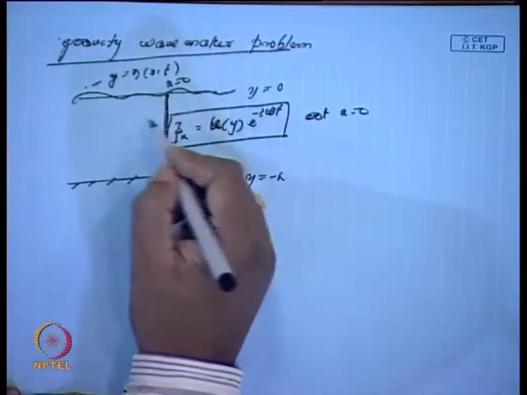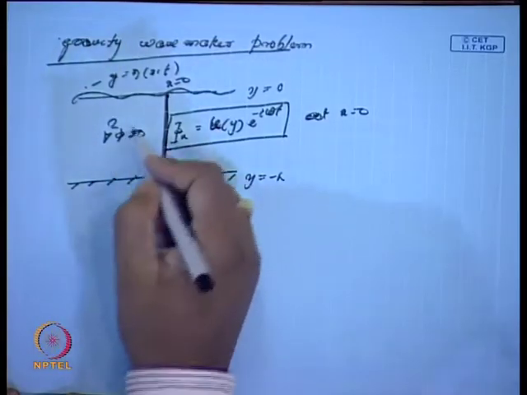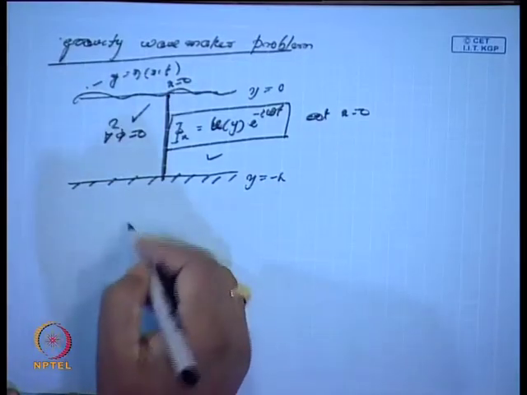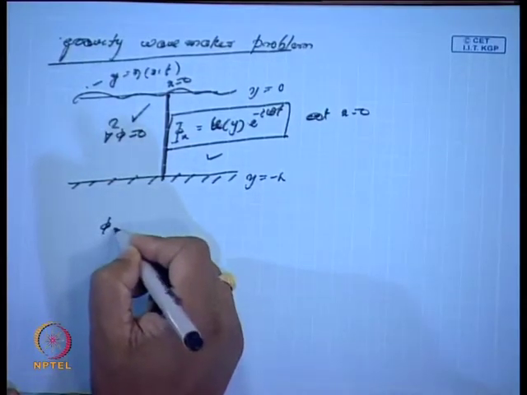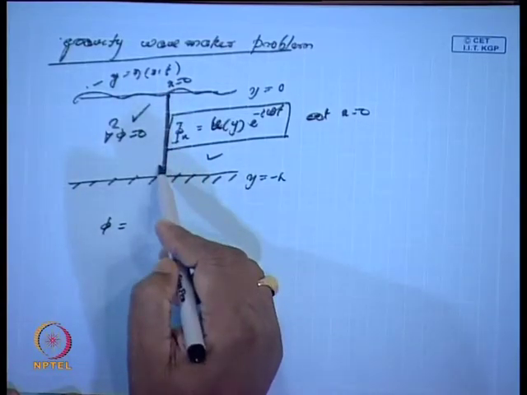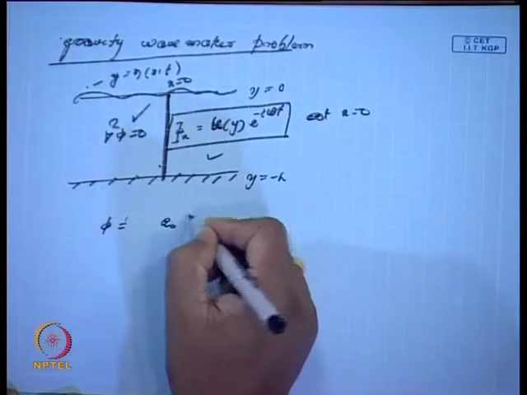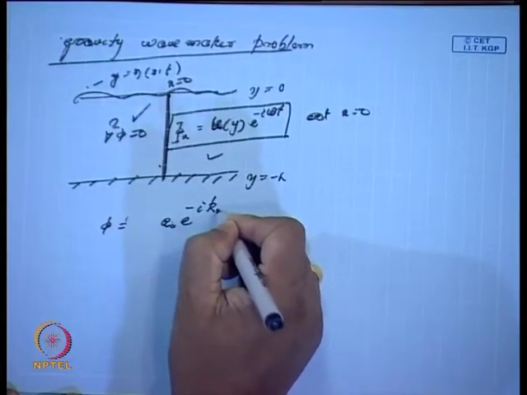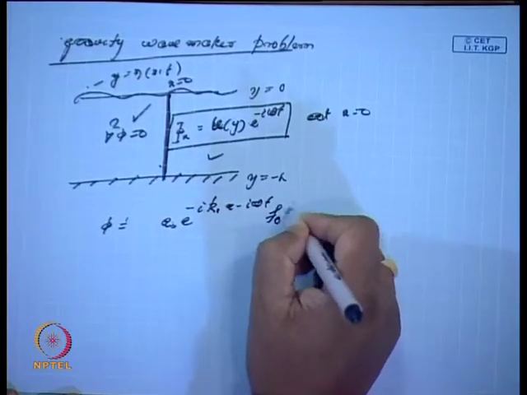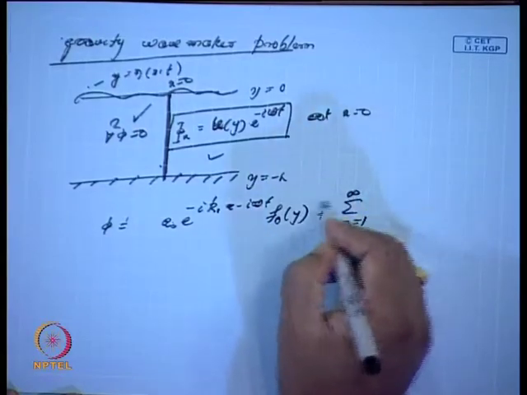Then in the whole fluid region, I have del square phi is 0, on this side or on this side. As usual, my phi will be of this form, because I am dealing with only a wavemaker problem. This wavemaker is oscillating, so my phi will be A0 into e to the power minus i k naught x minus i omega t, f0 y, plus sigma n is equal to 1 to infinity.